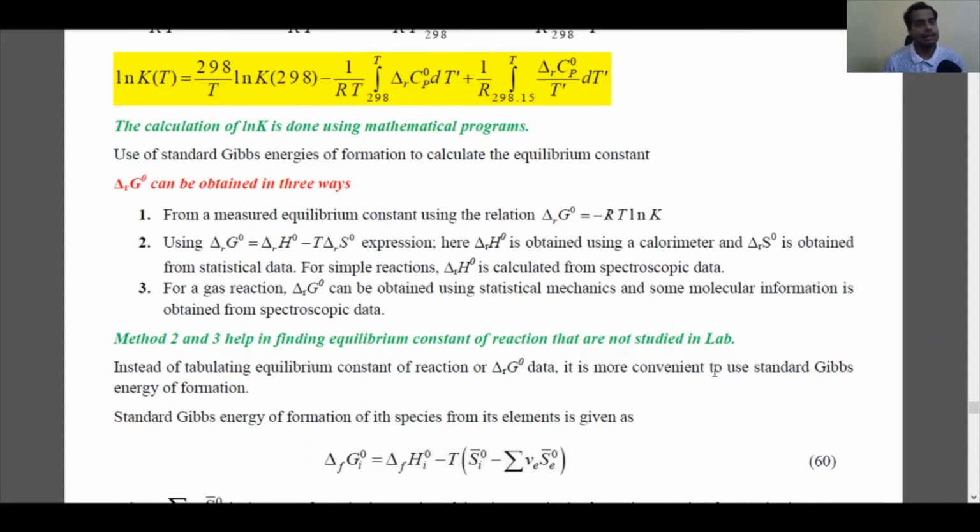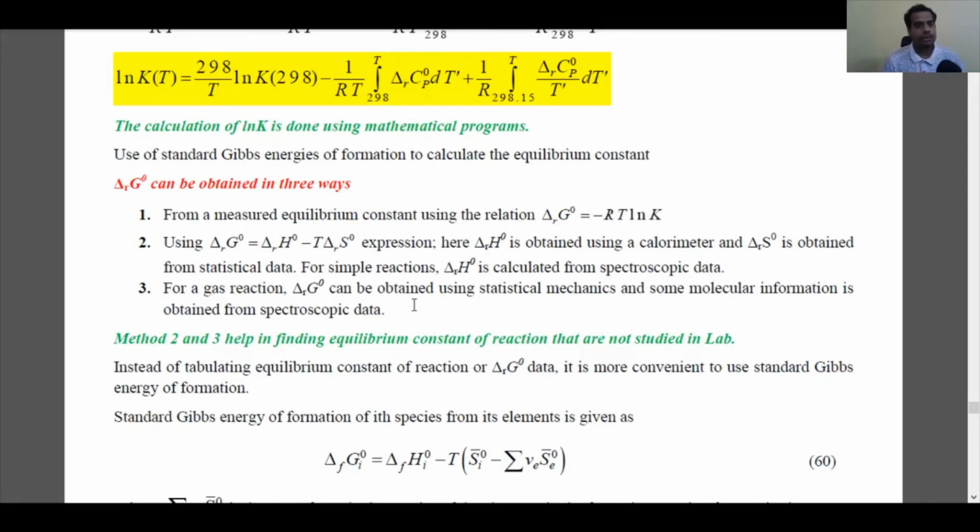So this delta R G0 is a very important parameter, and if we can obtain it using method 2 and method 3, we can find out the equilibrium constant of a reaction without doing that reaction in the laboratory.